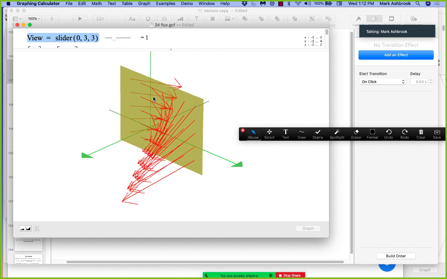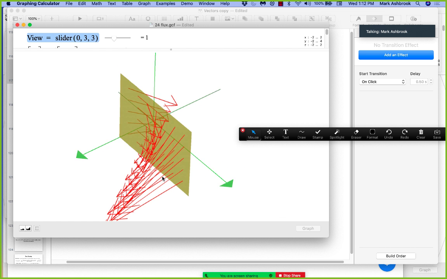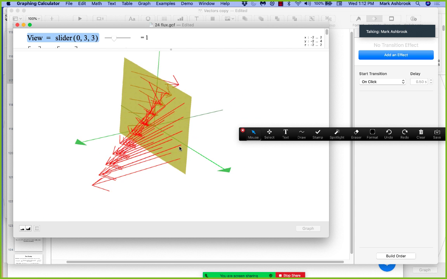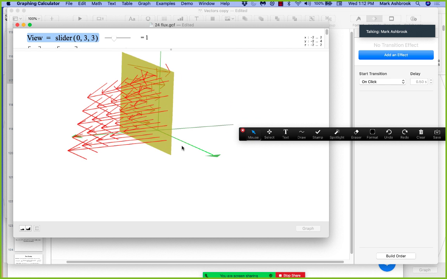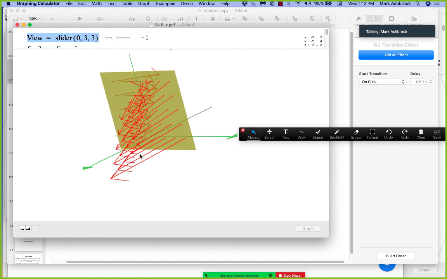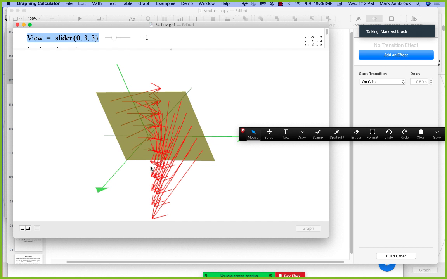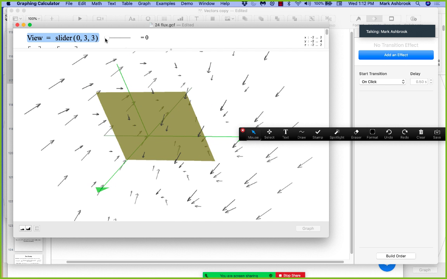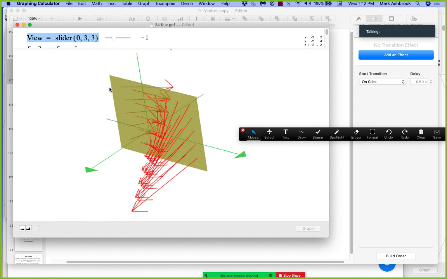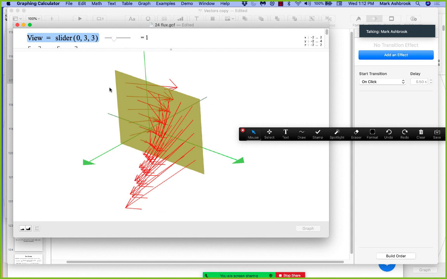So only the vectors for the points on the surface itself are the only ones we care about. So that's an illustration of just the vectors of this field that are associated with the points on our surface.